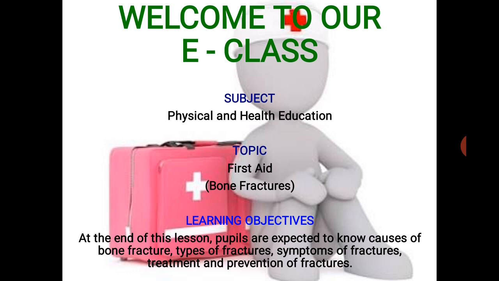Bone fractures. Learning objectives. At the end of this lesson, pupils are expected to know causes of bone fracture, types of fractures, symptoms of fractures, treatment and prevention of fractures.